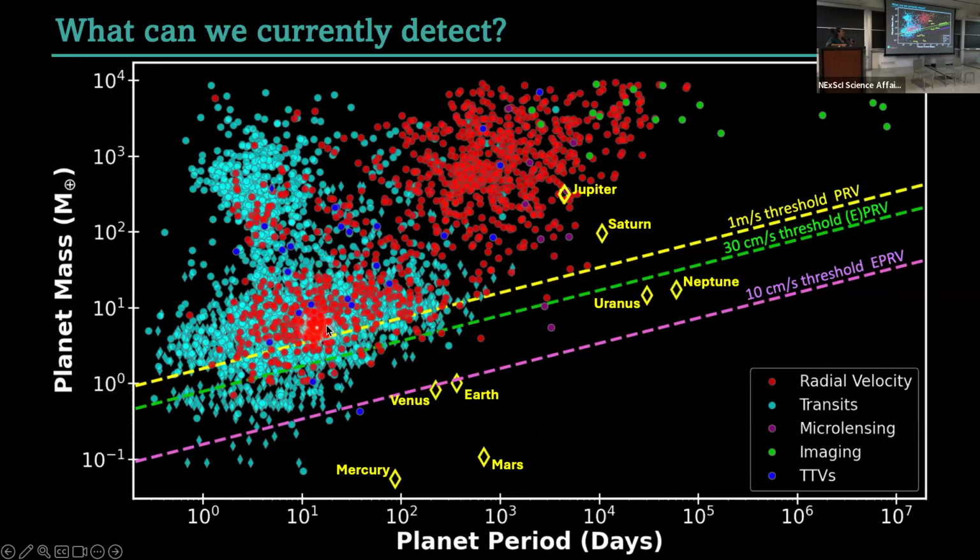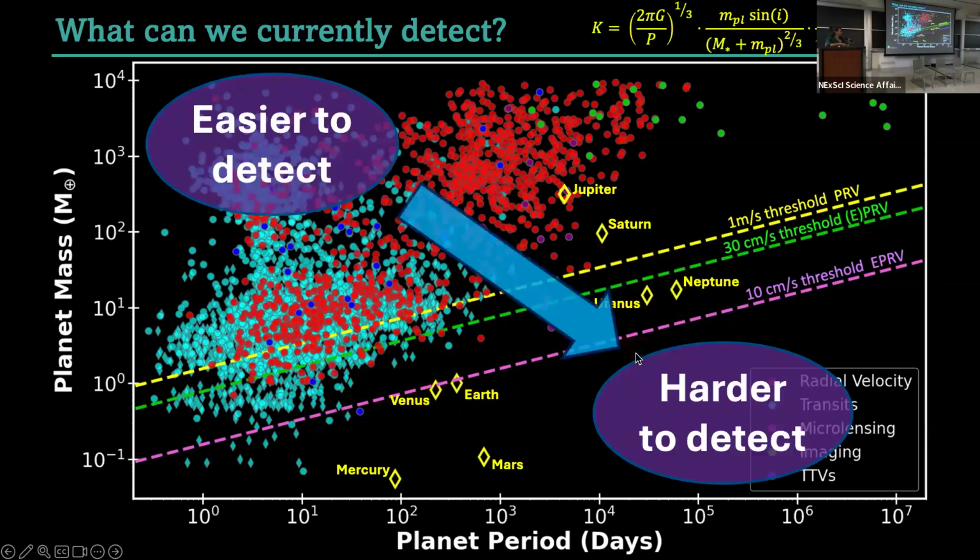Again, many of the RV detections, the red points here, are up above this 1 meter per second threshold. But we can see more of them that are pushing down to this 30 centimeter per second threshold. You might note that as of yet, we don't have planets via transits or radial velocities down near either Earth and Venus as our representative temperate terrestrial planets, or out at the orbits of Uranus and Neptune.